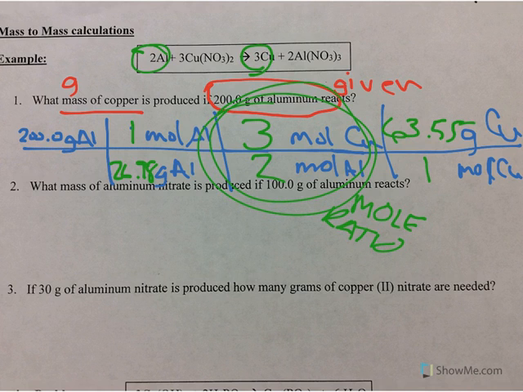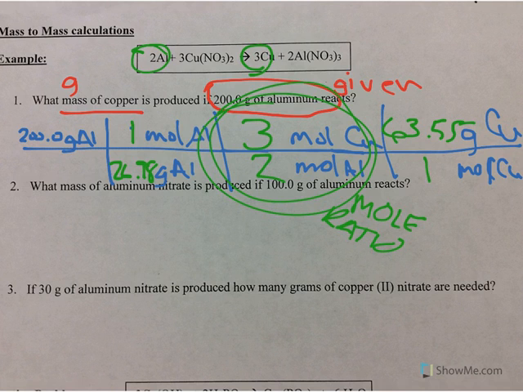So now remember, when you put this in your calculator, we got to use parentheses when we're dividing. So I'm going to take 200.0 times 1 times 3 times 63.55. Enter. Divided by parentheses 26.98 times 2 times 1 parentheses.